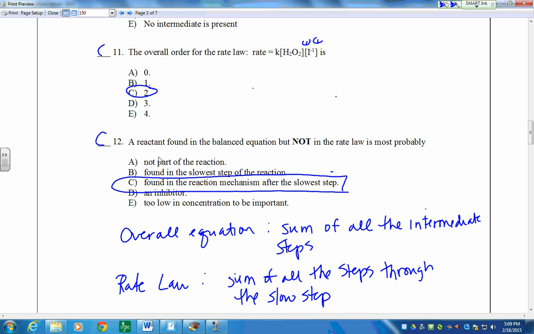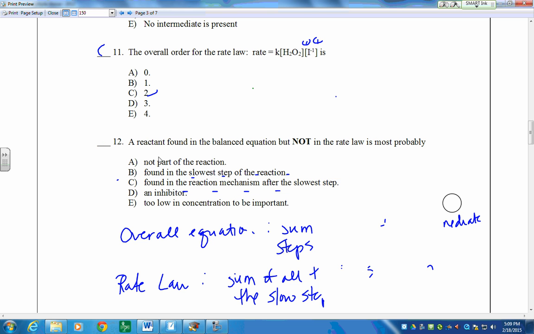The rate law comes from the stoichiometry on that. And if you have something in the rate law that's a reactant but is zero order, it's because it was found in the reaction mechanism after the slowest step. So when you added up all the steps through the slowest step, it wasn't there. That is a very tough question, but it's cool.